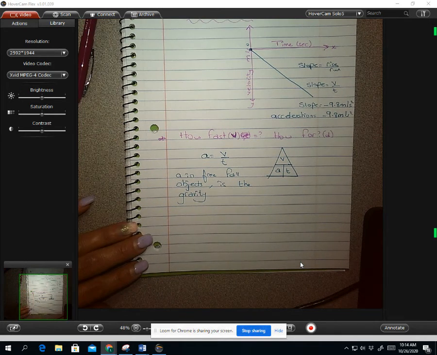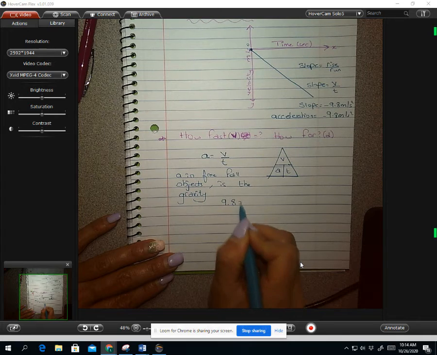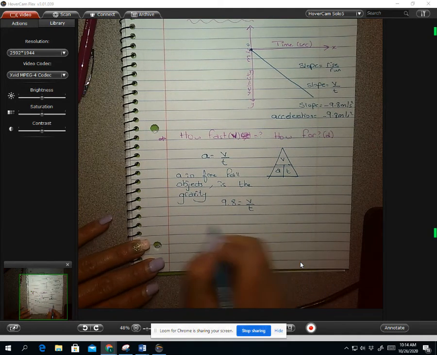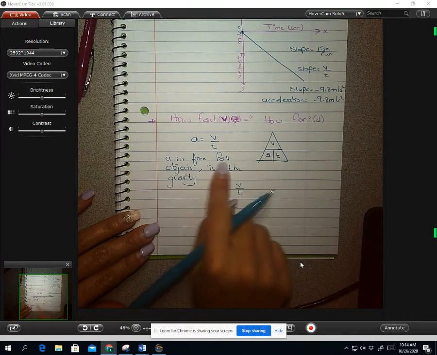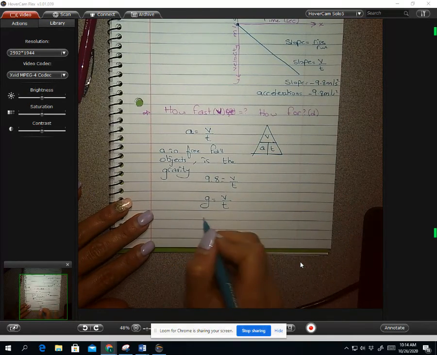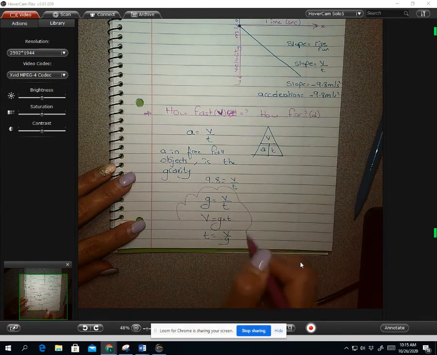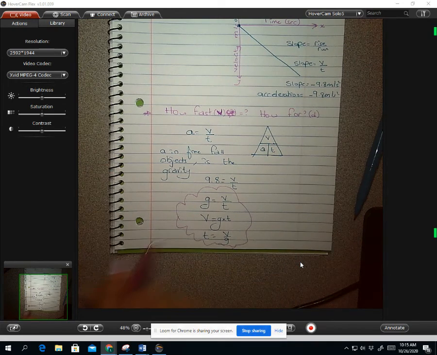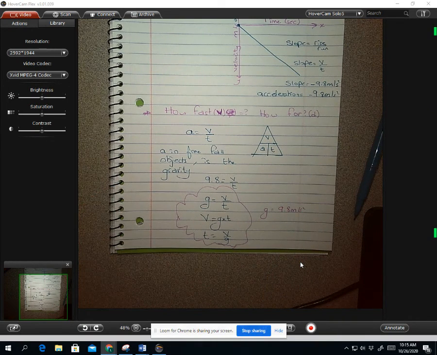Okay, so since this is the gravity, I know that a will be 9.8 equals V over T, but I'm not going to say 9.8. Let me just represent it with the G is V over T because it's a free fall object. Or I can say V is G times T, or I can say T is V over G. Okay, where we know that G is equivalent to 9.8 meters per second squared.